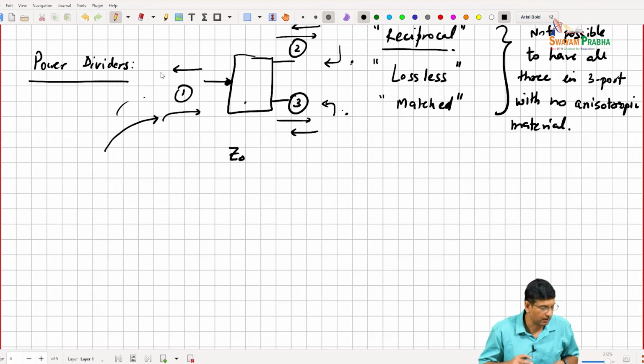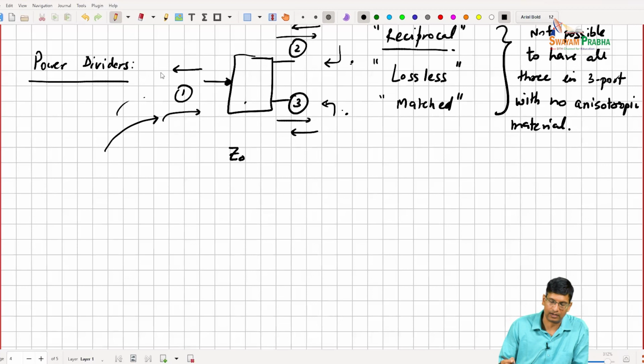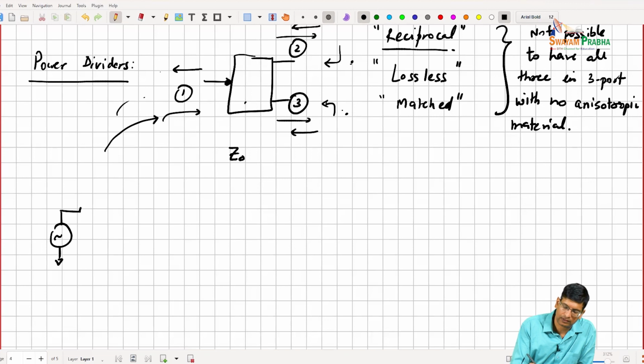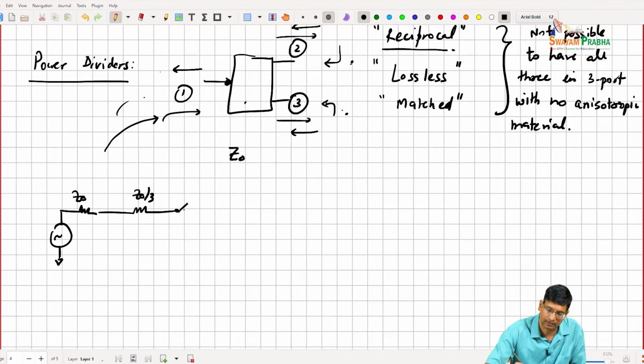So just as an example, let's say that I have a source that is Z naught, right? I can build a circuit that looks like this. This is just a lumped circuit, but just to illustrate the point, right?